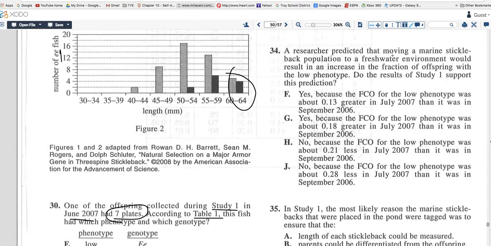So what exactly are we doing? We're moving a marine stickleback to fresh water, and will this result in an increase in the fraction of offspring with low phenotype? So then we would go back and reference study 1.